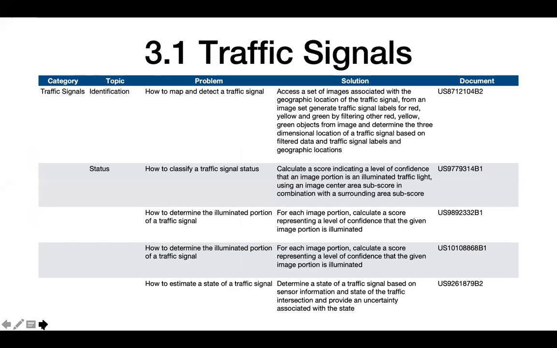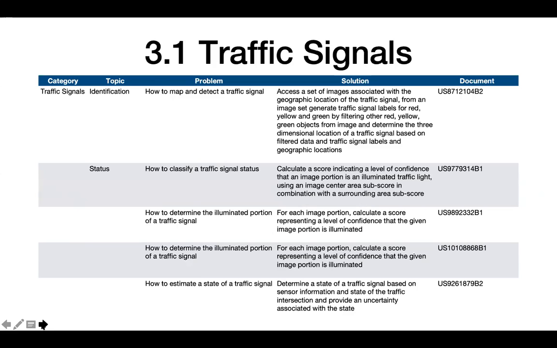And then filter other red, yellow, and green objects from that image that aren't associated with that traffic signal. And then based on the filtered data and the traffic signal labels and the geographic location, determine the status of the traffic signal. Wow, we made something that seems really simple. All of a sudden, we realize how difficult it is.